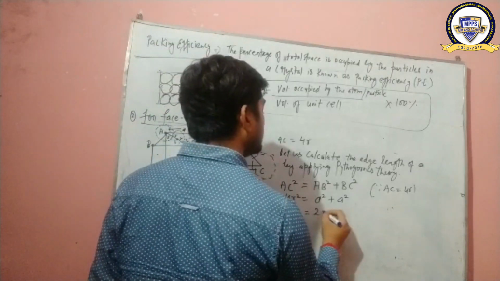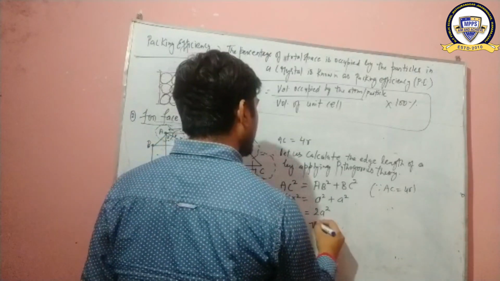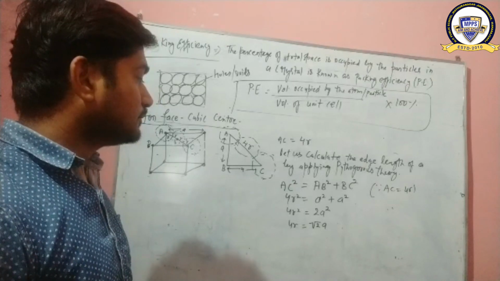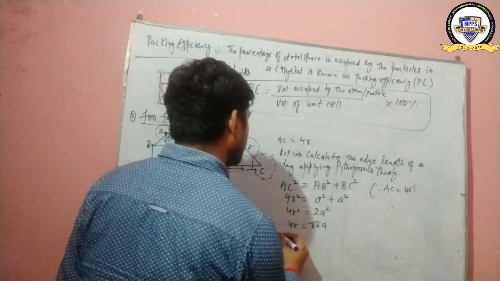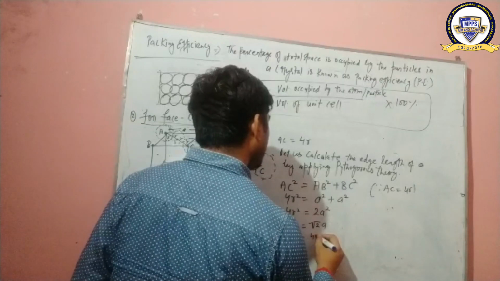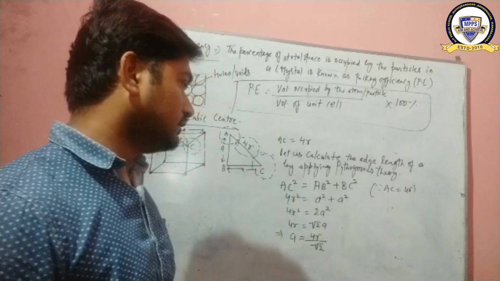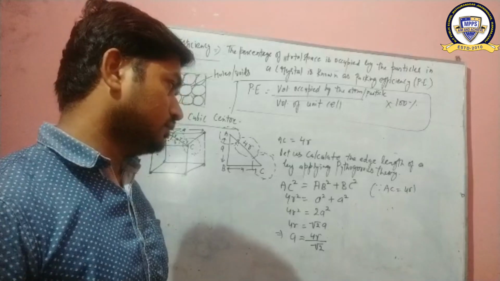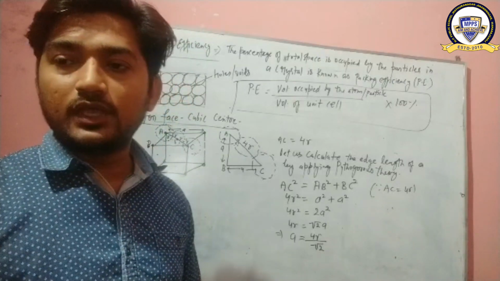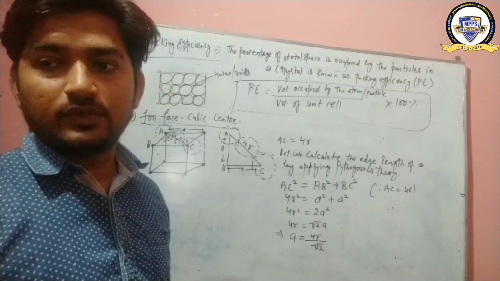So (4r) square is equal to 2a square, or 4r is equal to root 2 a, or we say that a is equal to 4r divided by root 2, which we can also write as 2 root 2 r.